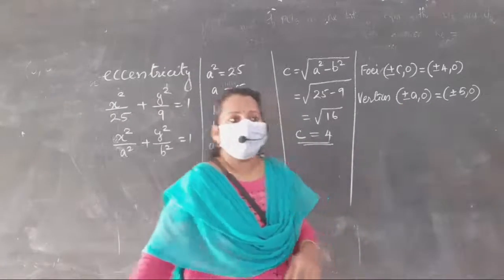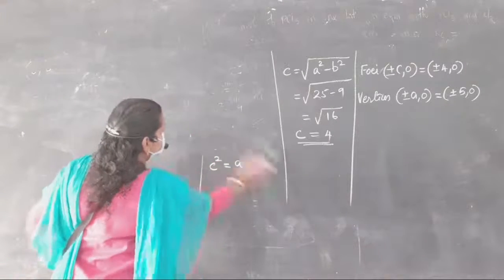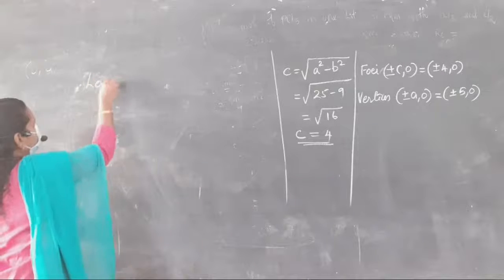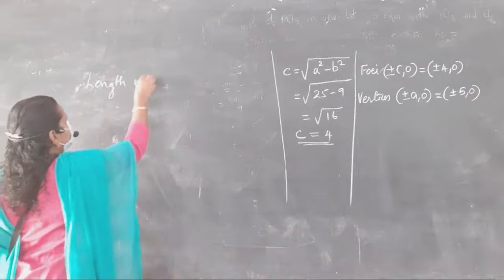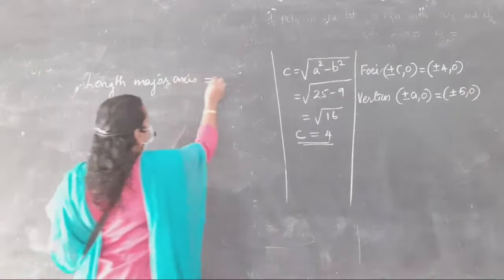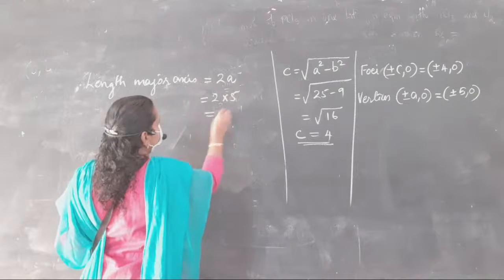Then write length of major axis equal to 2a, that is 2 into 5 equal to 10.